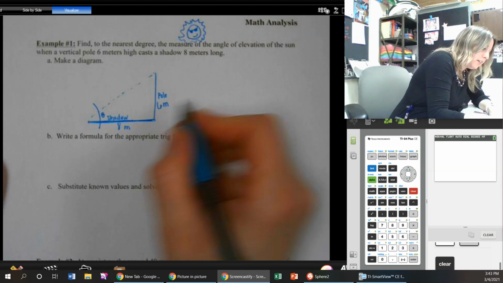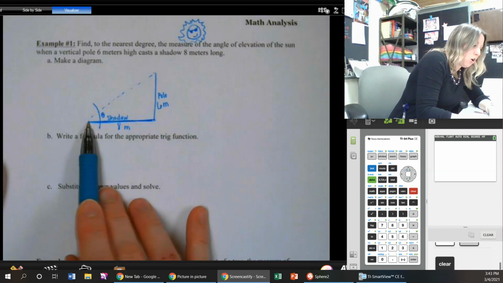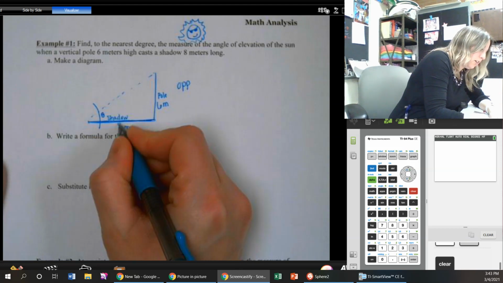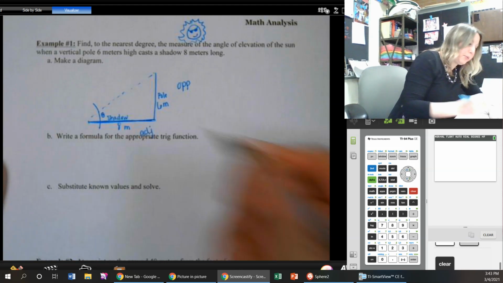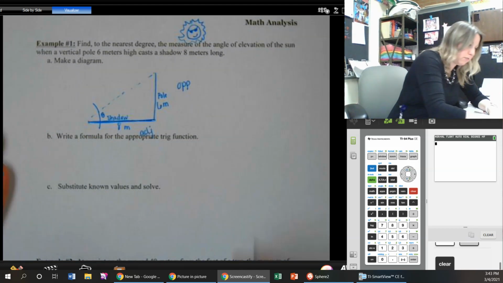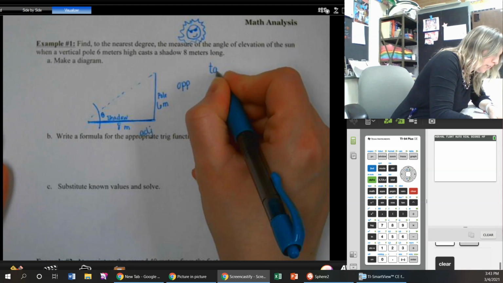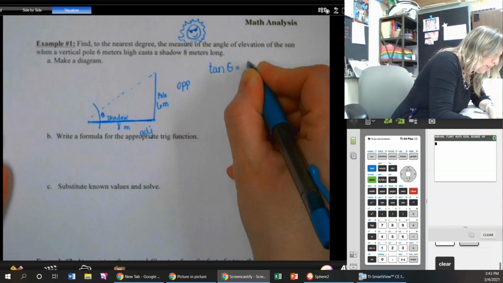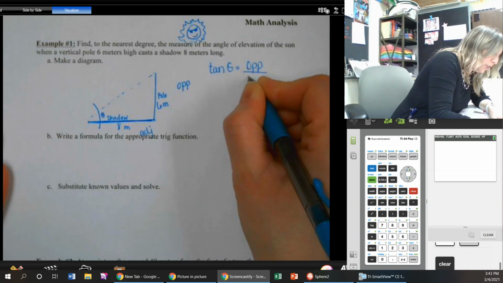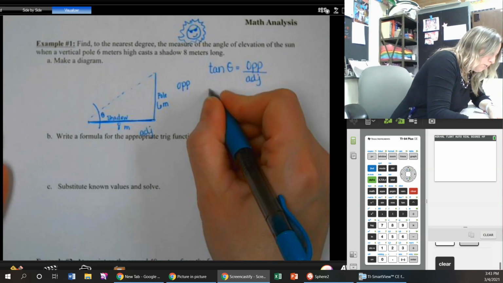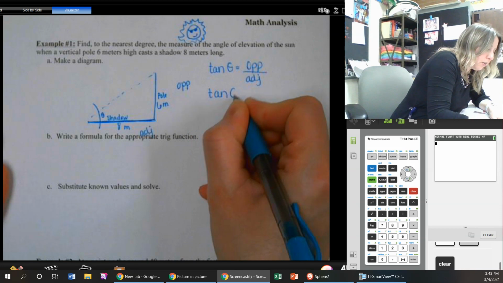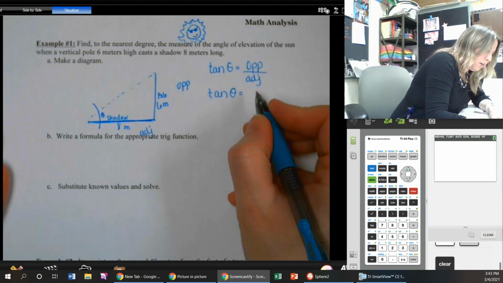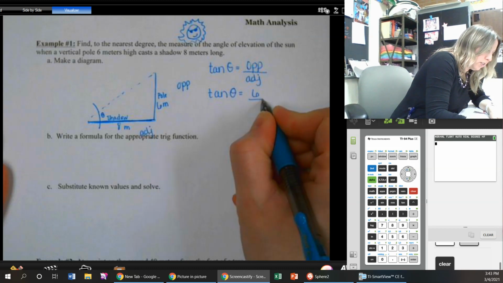All righty. Well, let's see. We know the opposite side and we know the adjacent side. So opposite and adjacent means the tangent function, or tangent ratio, I should be saying. Tangent of theta is opposite over adjacent. And now let's plug in. So tangent of theta. Oh, that's the thing I don't know. That's right. I was asked for the angle measure. Opposite side is 6. Adjacent side is 8.